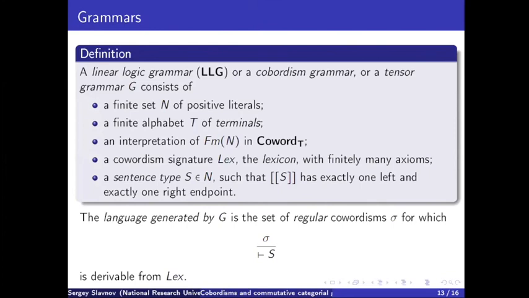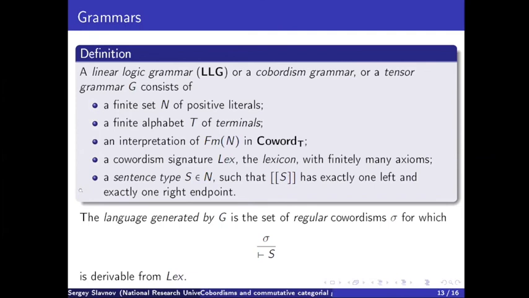So it's a cobordism signature where everything is finite. There are finitely many positive literals, there's a finite alphabet, there are finitely many axioms. And also there is a distinguished sentence type S, which is a positive literal, such that the corresponding boundary has exactly one left and one right endpoint. So what does this sentence type give us?